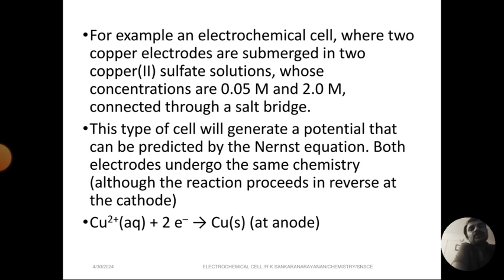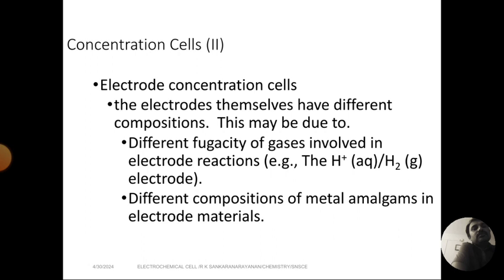For example, an electrochemical cell where copper electrodes are submerged in two copper sulfate solutions with concentrations differing, 0.05 molar and 2 molar, connected through a salt bridge. This type of cell generates a potential that can be predicted by the Nernst equation. Both electrodes undergo the same chemistry. So copper 2 plus will get reduced at the cathode.